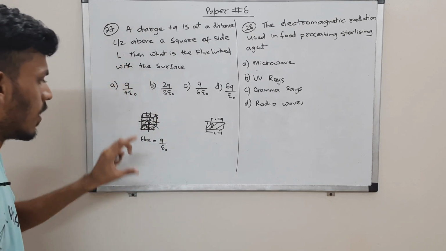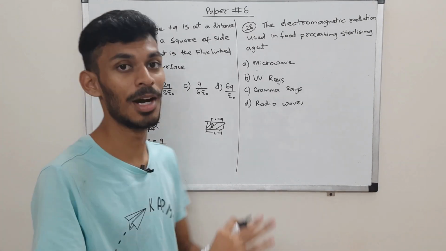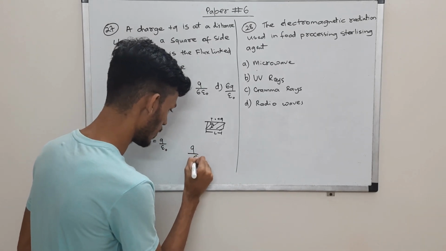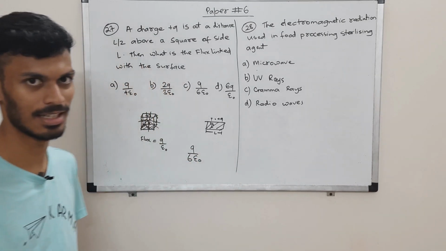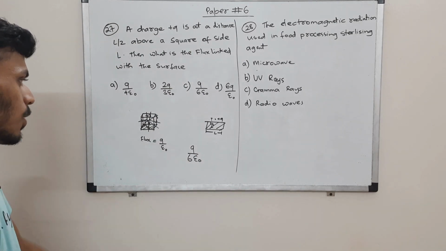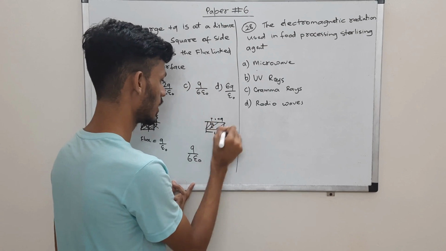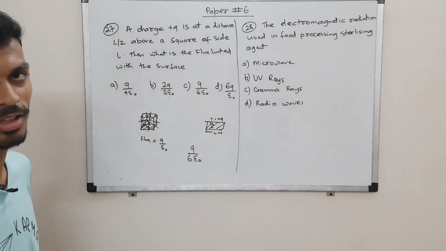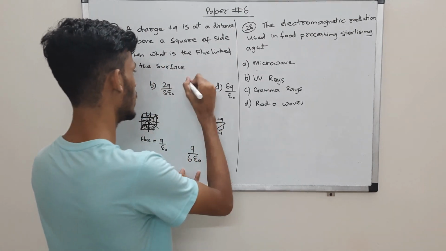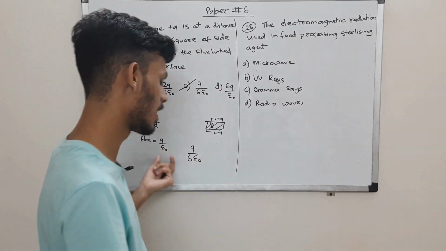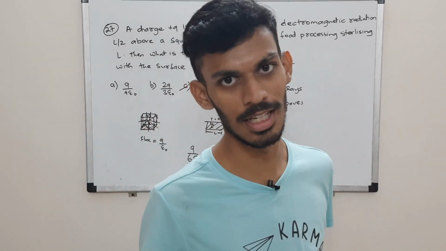So each face will get 1 by 6 of the total flux. Basically your answer over here, the flux linked with one square lamina, is q upon 6 epsilon naught, since the total flux is distributed among 6 faces.